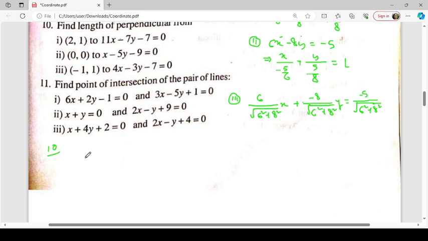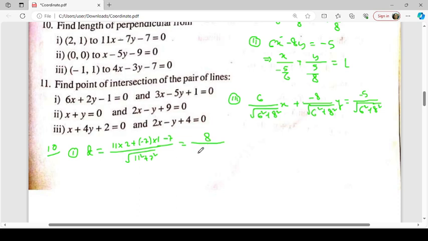So alpha is 2, beta is 1, so d is equal to 11 into 2 plus minus 7 into 1 minus 7, divided by root over 11 square plus 7 square. So this is equal to 22 minus 14, and 22 minus 14 is 8.